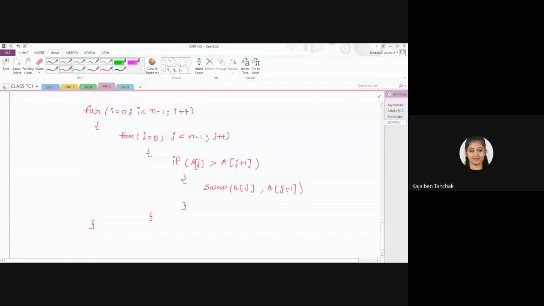So this is the code for bubble sort. Okay. So now tell me what will be the time complexity. First of all, tell me there are two loops. What is the use of I loop? Why we are using I loop?